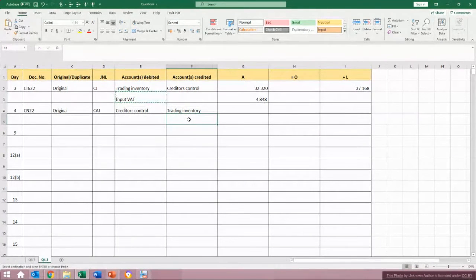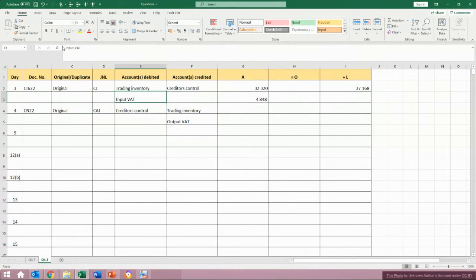Now, normally you would think it's supposed to be input VAT, but we said because of the fact that initially input VAT is the VAT we've claimed, but because we're returning it now I have to pay over that VAT to SARS. So now it's an output VAT, when I return the goods. So it's the opposite.